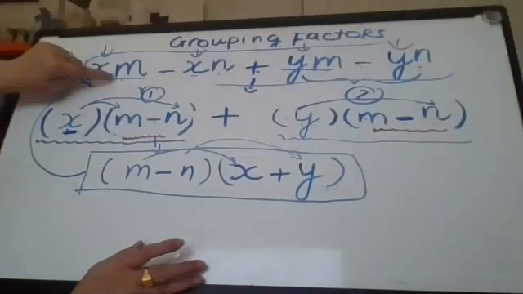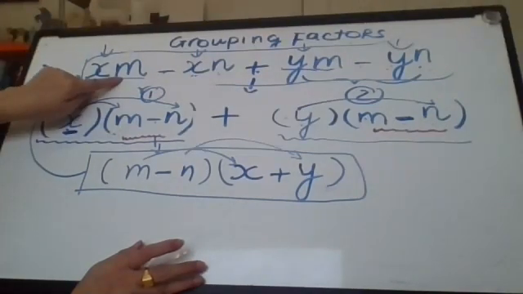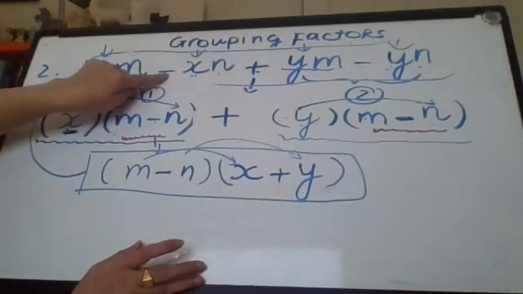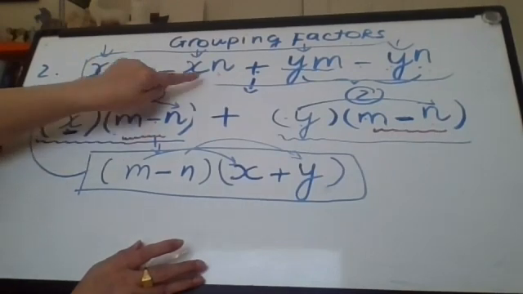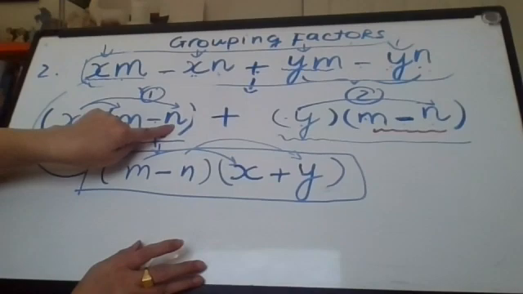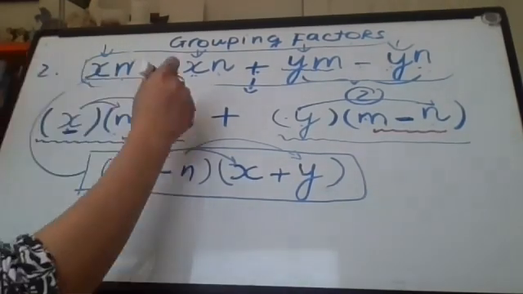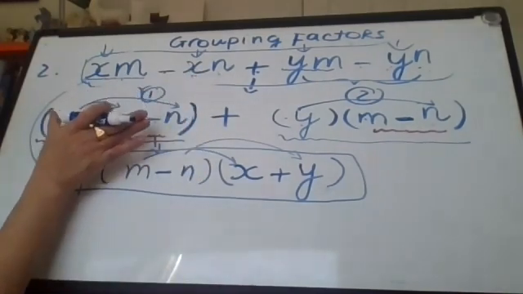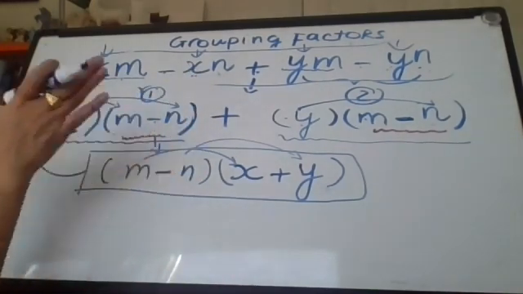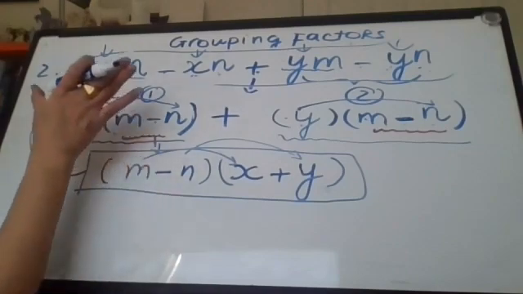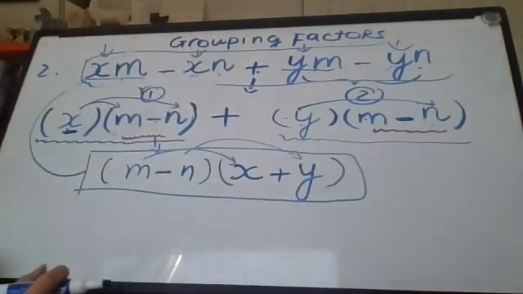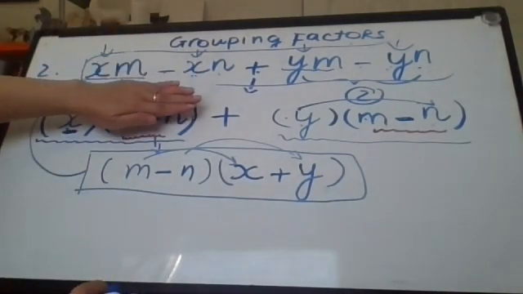What is left over goes into the second bracket. The M goes in here. The minus sign goes in here. And the N from here goes in here. I close the bracket. That is, I do the general common factor, which is the previous lesson, for the first group. Now I have factored the first group already.